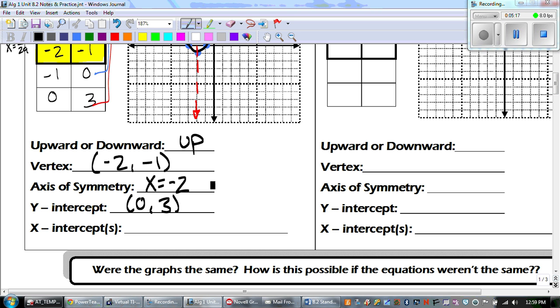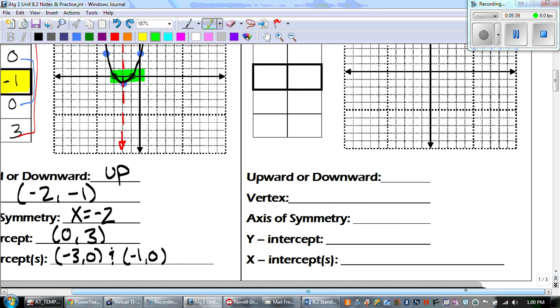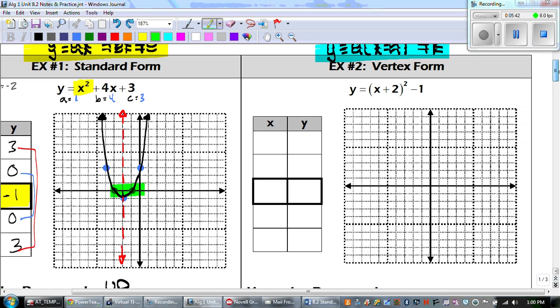And then our x-intercepts, where it crosses the x-axis, once again, we have 2 points there. Those are the points negative 3, 0, and negative 1, 0. So that's all a reminder. I'll highlight those real quick. Those were where we got those 2 points. That's what we did when we started the unit.